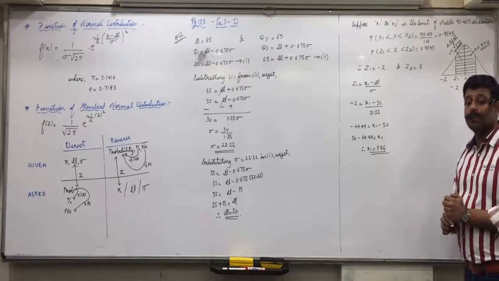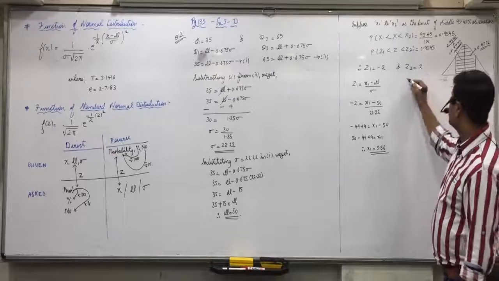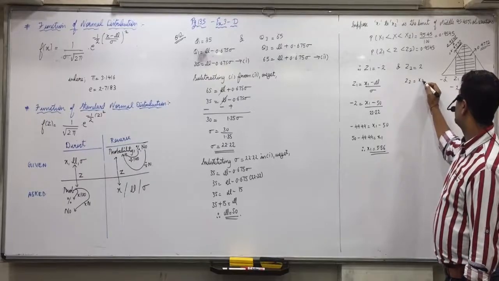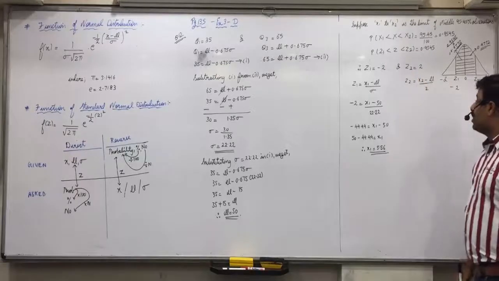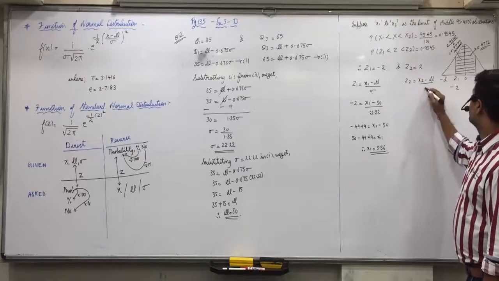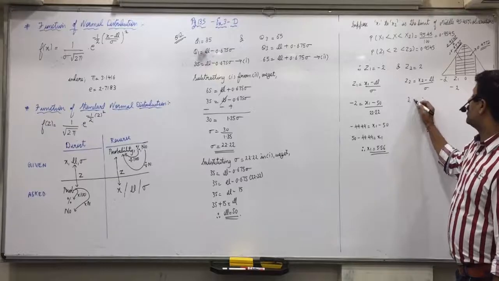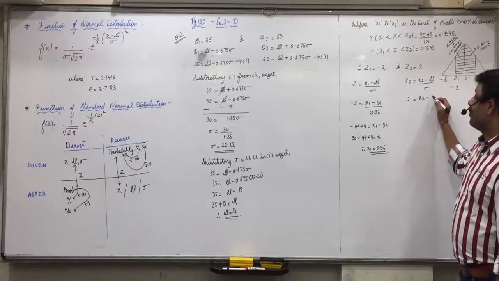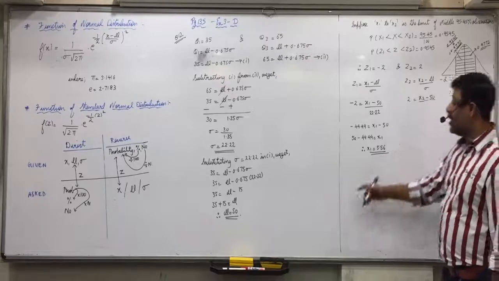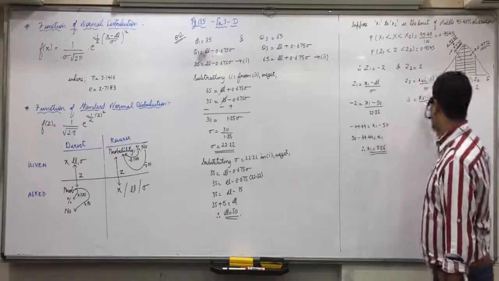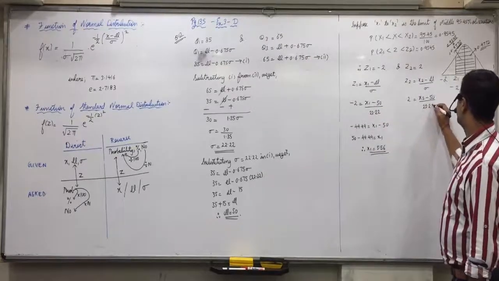Rashmi? Z2 is equal to x2 minus mu upon sigma. 2 is equal to x2 minus 50 upon 22.22.